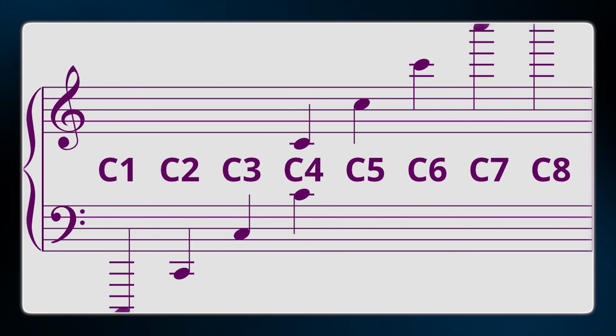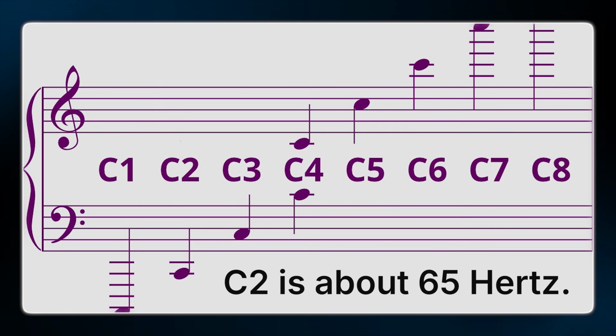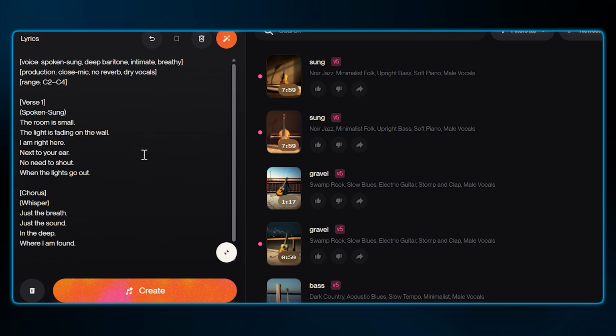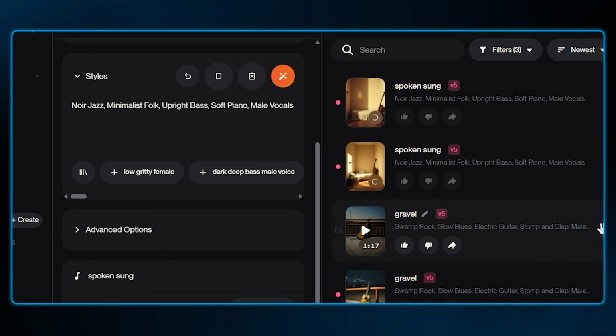We are dropping the range down to C2 to C4. C2 is about 65 Hertz. That is sub-bass territory, the absolute floor of the male vocal register. In production notes, we are telling the AI to remove the reverb and sing very quietly. This makes the bass frequencies pop. I will prompt the style for a noir jazz song. Let's hear the result.